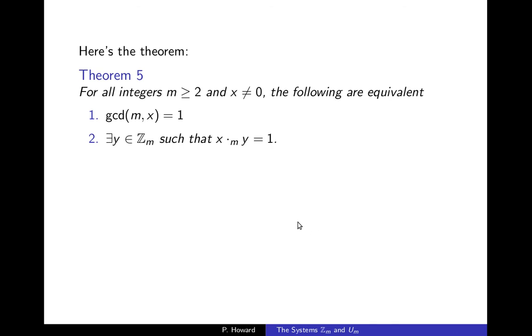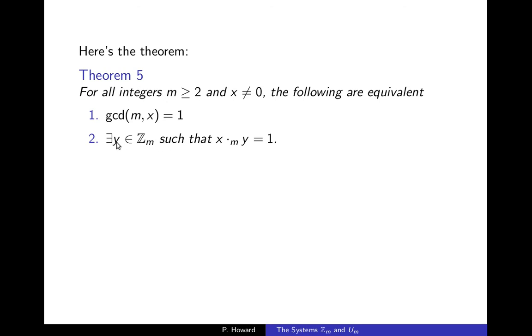For all integers m greater than or equal to 2, so this is our usual assumption on m, and for all integers x not equal to 0, these two statements are equivalent. Number 1: the greatest common divisor of m and x is 1. Number 2: x has a multiplicative inverse in Z sub m.